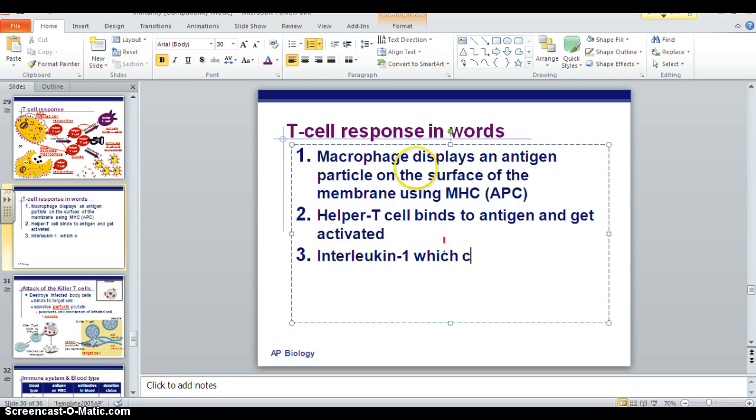Which causes the helper T cells to divide, and that's called creating clones.